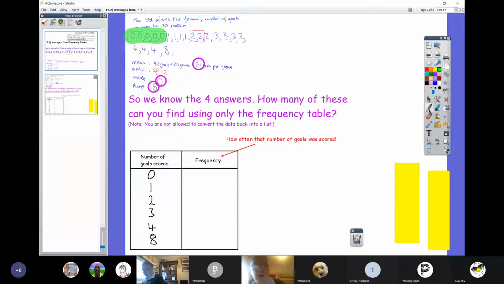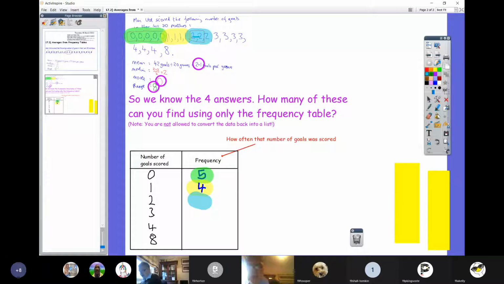Now, on 4 occasions they scored 1 goal. On 3 occasions, they scored 2 goals. Now I know there's a bit of a lag, so you're just going to have to listen to me and then a few seconds later see it. So on 3 occasions they scored 2 goals, so a 3 is going to come across in a minute.